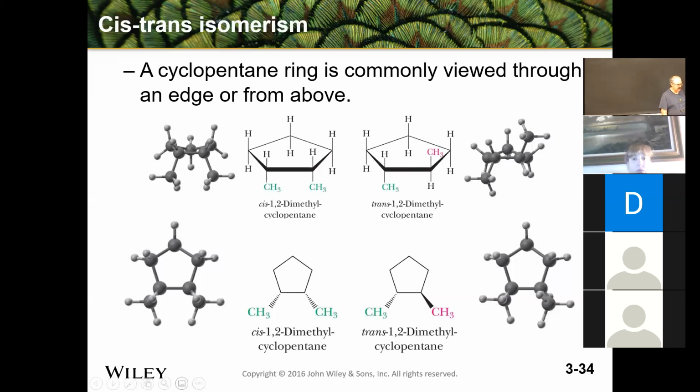Cis-trans or geometric isomers have the same substituents on the same position, but they have a different three-dimensional geometry. Up here at the top, we have the cis isomer, where both methyls are on the same side. And here we have the trans.